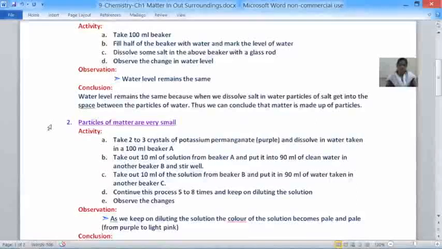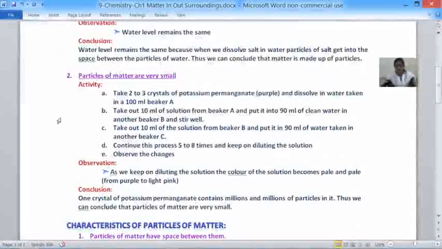As you keep on diluting the solution, you observe the changes. We can observe that the color of the solution becomes pale, that is, from purple or violet color it turns to a light pink. So our conclusion is that 1 crystal of potassium permanganate contains millions and millions of particles.